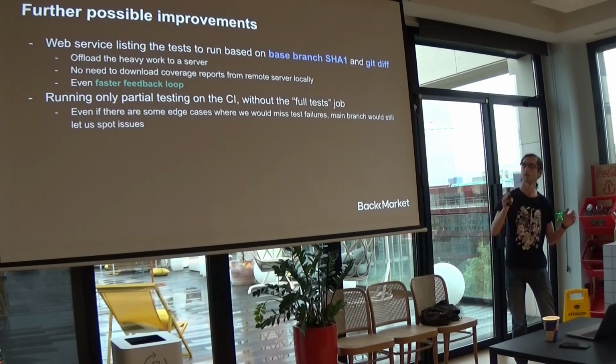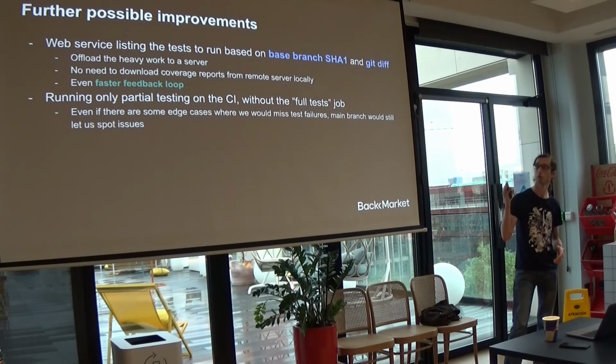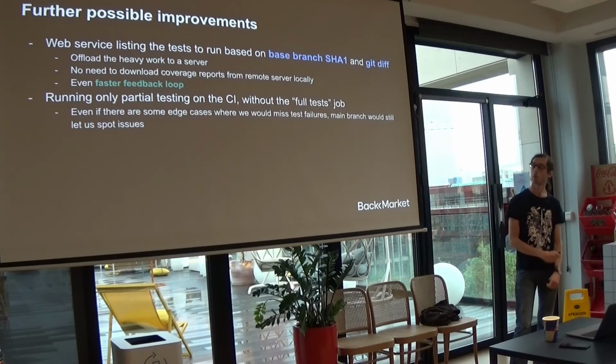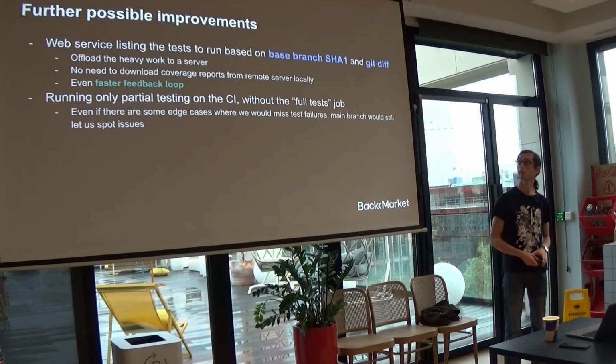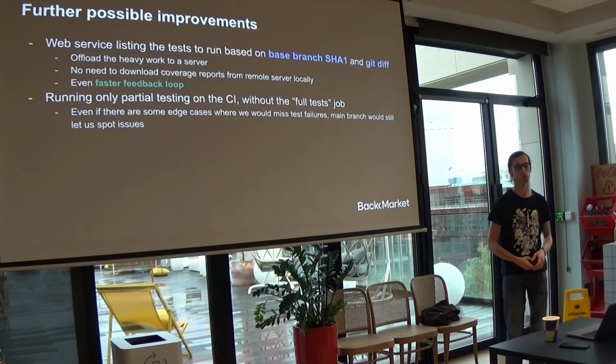We would call an endpoint and send the git diff and the SHA-1 that was used at the time. It would offload the work to a server rather than the developer's laptop, and we would not need to download the coverage report locally. And so the faster feedback loop would be even faster, because we would not need to wait for the download to occur.